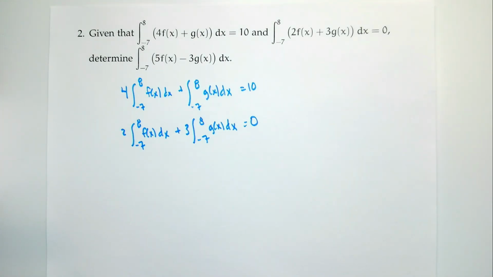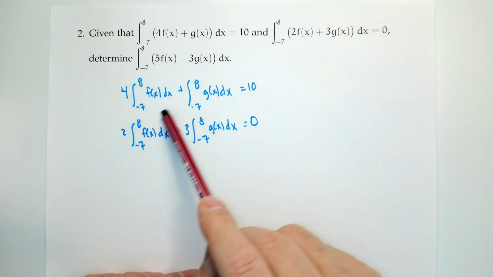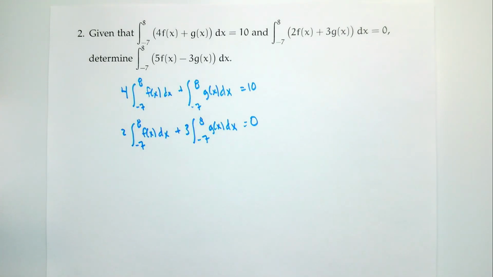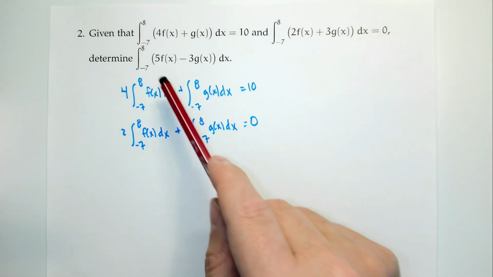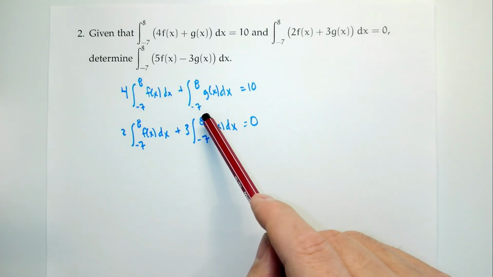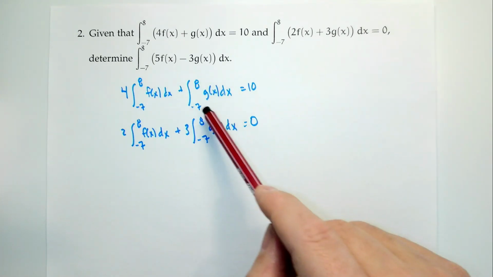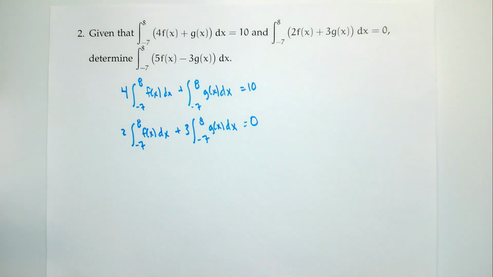Now, here's sort of our great moment. You see, if you stare at this, and you don't have to stare very long, you say, wait a second, this expression, integral of negative 7 to 8 of f of x dx, it's a number. When you're doing a definite integral, and the bounds tell us it's a definite integral, this is some number. And by the same idea, integral from negative 7 to 8 of g of x dx, it's also a number.